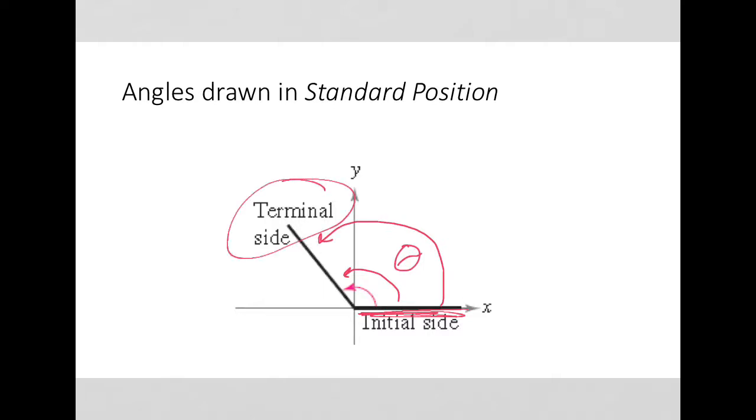So that's kind of technical. You don't really need to worry too much about that, but it's important to know the terminology. You should know standard position will always start like that, always with that positive x-axis right there.